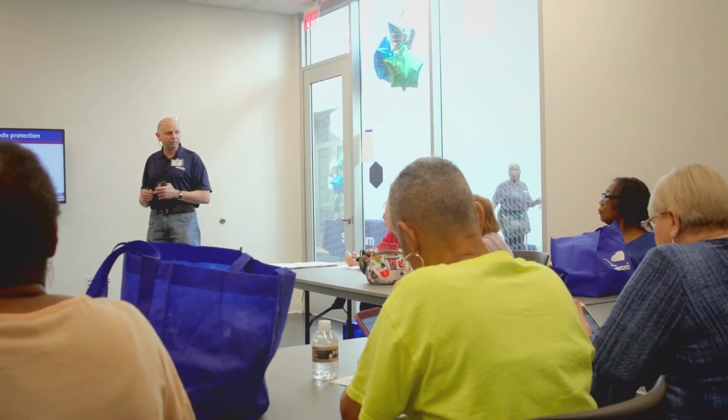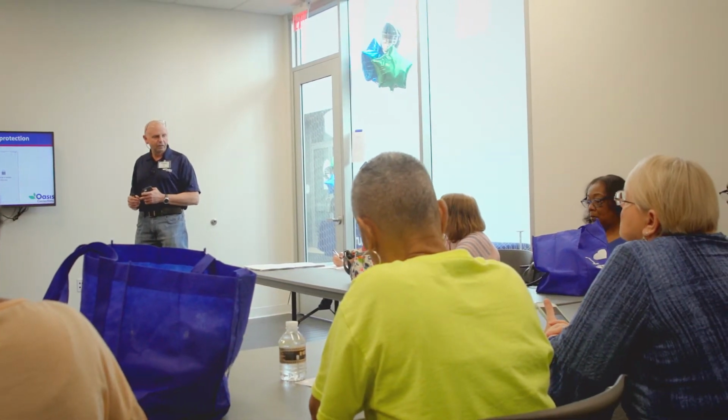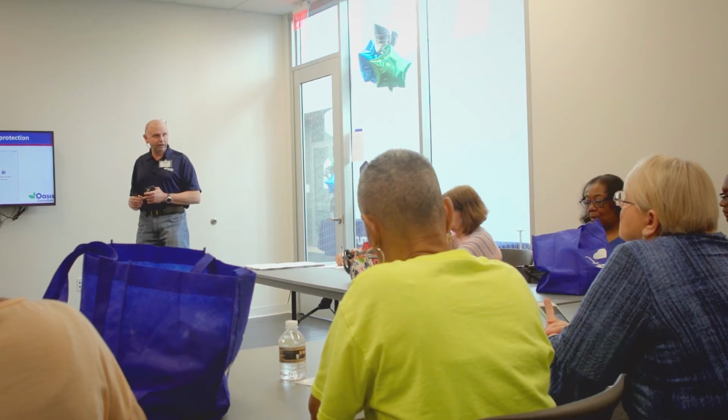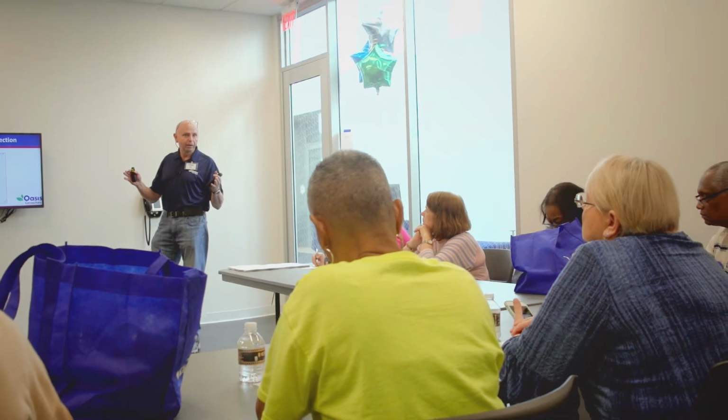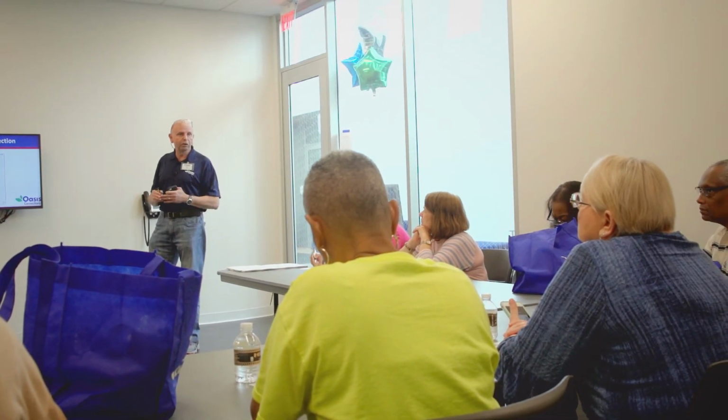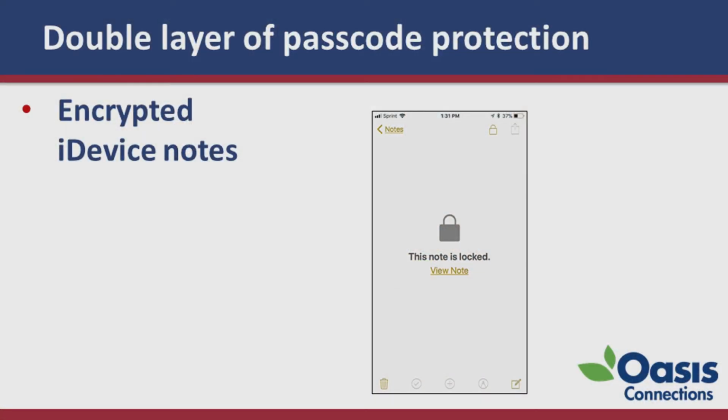Yes, it would be. Good point. I have some medical information in my notes, encrypted, so it's always ready to go if I need it. You can use the medical app that we talked about earlier, the Health app. Sometimes I find it easier just to put it within a note, though. So come on upstairs afterwards, and I can show you how to do that.